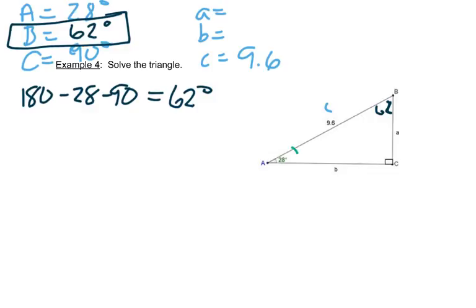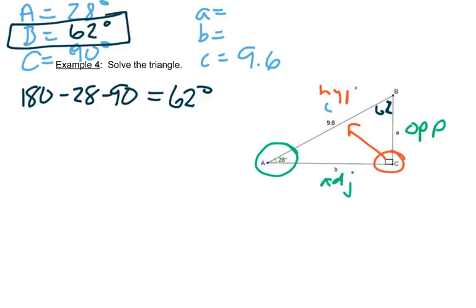Now we're given angle A, so let's use it as our reference angle. So this would be opposite, this would be adjacent, and this is our right angle, so this would be our hypotenuse. We can start with either side, it doesn't matter which. Let's start with opposite. If we're using opposite and hypotenuse, because that's the other side that we already know, we can only have one missing piece in our problem.